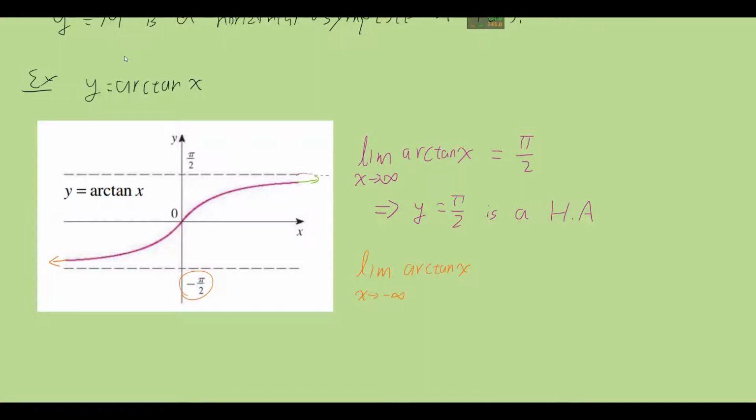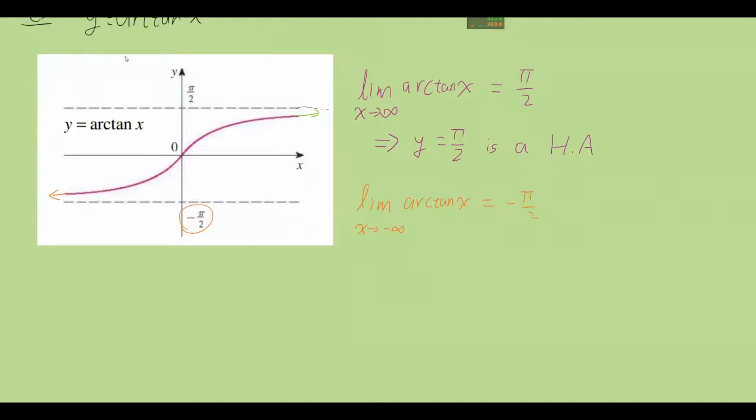So the limit of arctangent as x approaches negative infinity is equal to negative pi over 2. And by seeing this, we can also say that y equals negative pi over 2 is also a horizontal asymptote for the function arctangent of x.